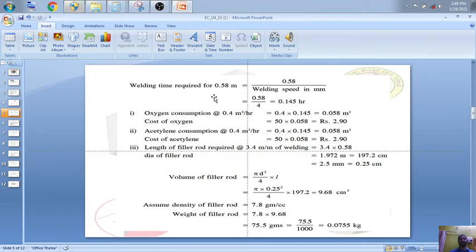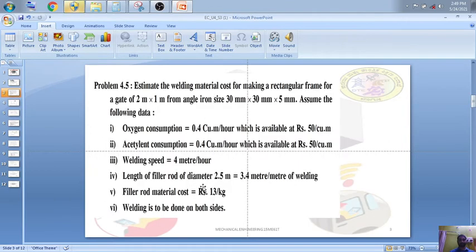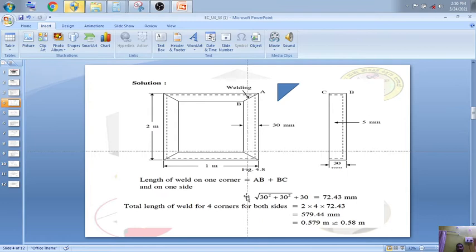So welding speed is given as you can see, 4 meter per hour. So in 1 hour we can weld 4 meter. So we need to weld only 0.58 meter.